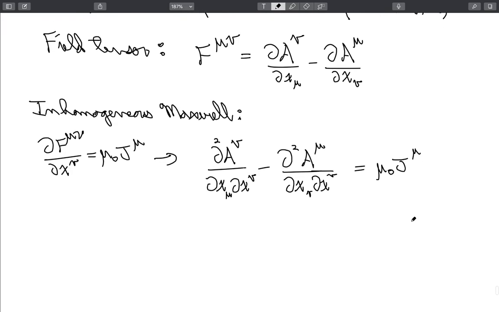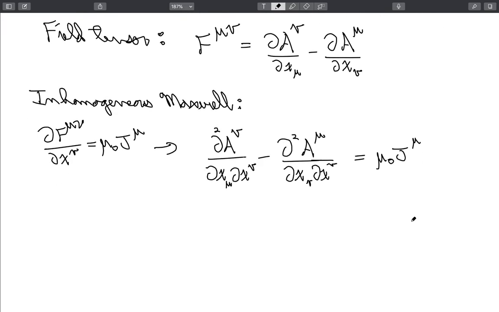Okay, now there's a thing that we can do, a little trick using gauge invariance.